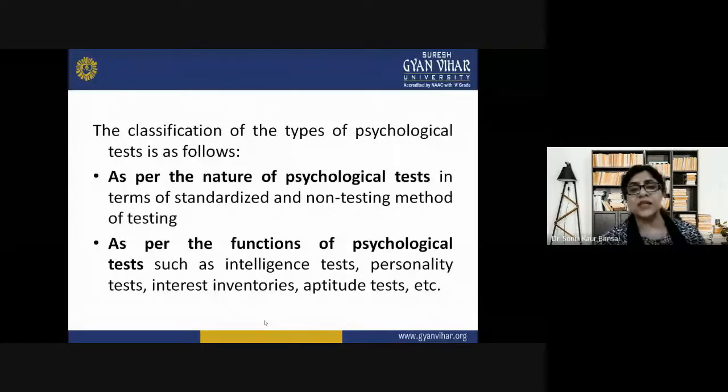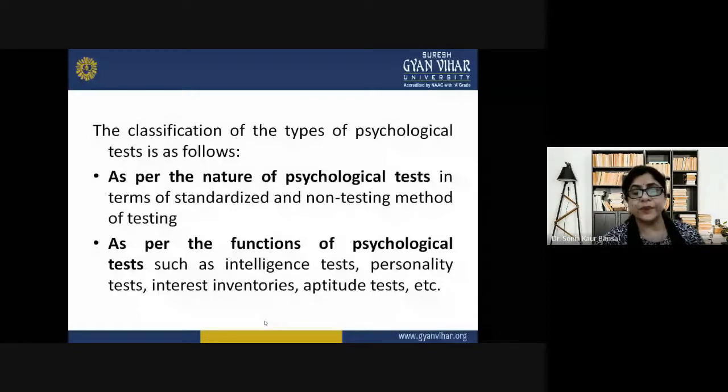Is it made by experts and scholars, and approved by many experts? Is it even a pilot study? Are the results actually verified? So this is the standardized or non-standardized method of testing included in the nature of psychological tests.